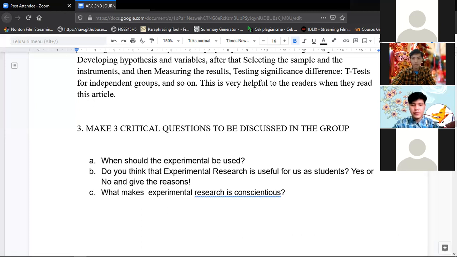So it is very useful to use experimental research to strengthen our hypothesis, or maybe reject a hypothesis. Okay, thank you, Mr. Rico, for your answer. And next is Ms. Ribka.